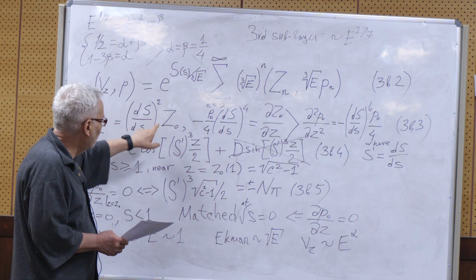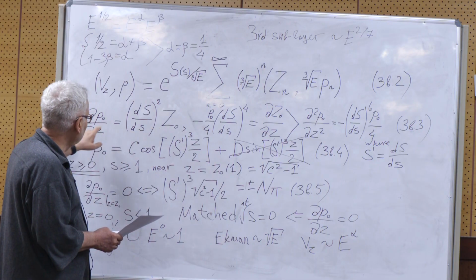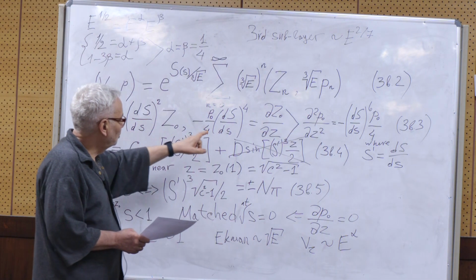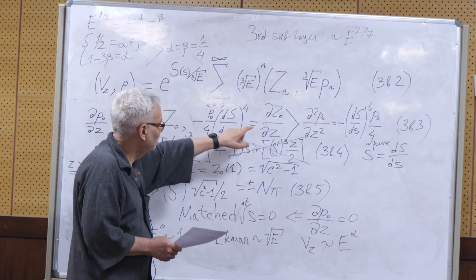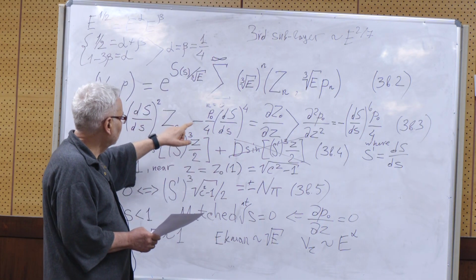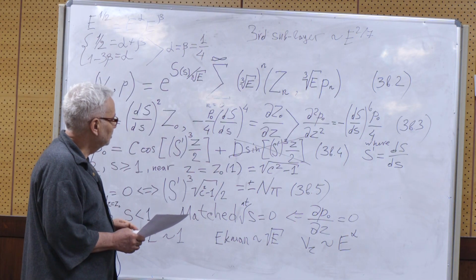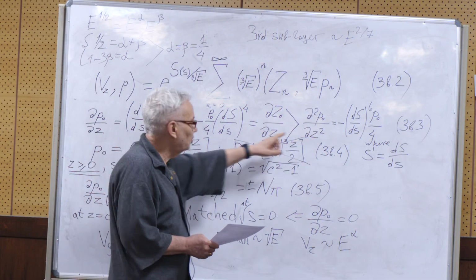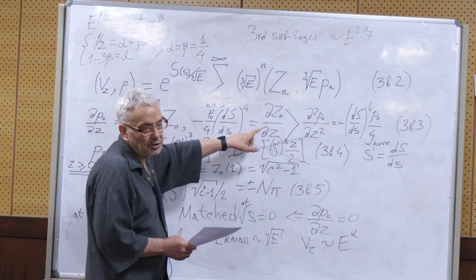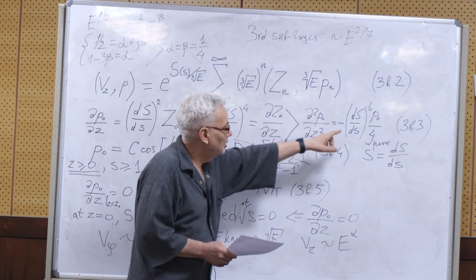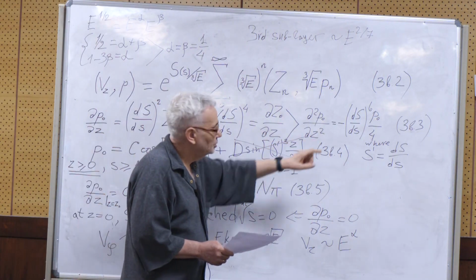So we represent Z0 from this formula, equating Z0 to dP by dz over this stuff, and then put it in this place. It appears as second derivatives, because here you see a first derivative, and then you act another derivative. So these second derivatives appear and remain from this. So it looks like that.